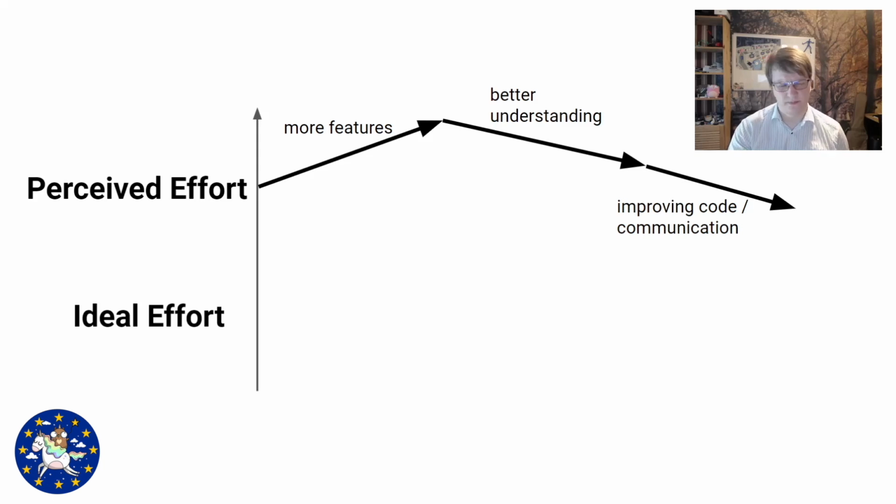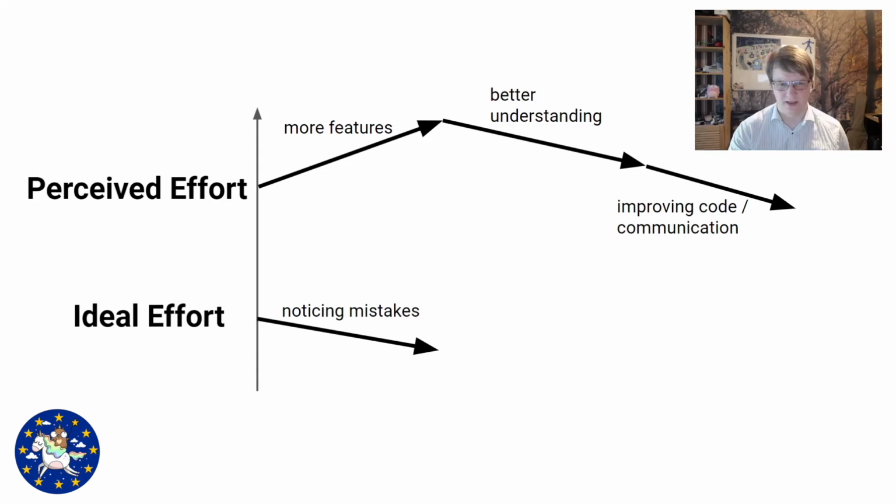There's also this thing of ideal effort. How does that change? One of the interesting aspects is that when we notice mistakes, then what we perceive it could be improves. So we know how to make things better.